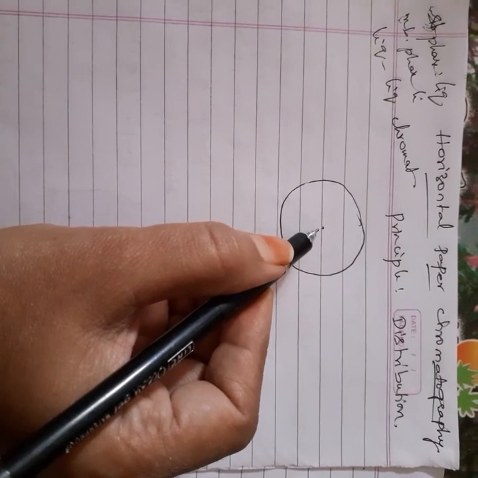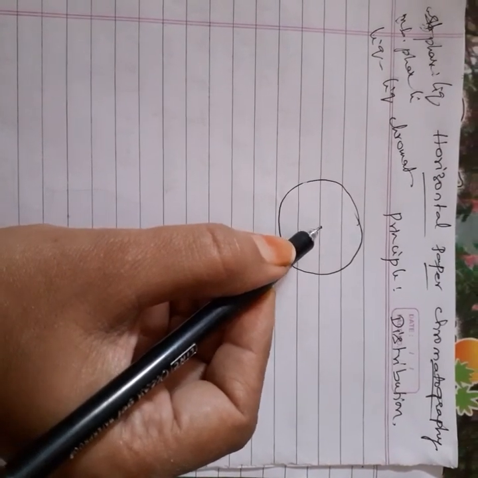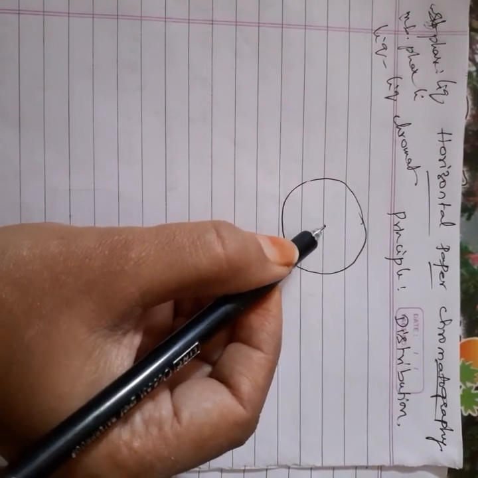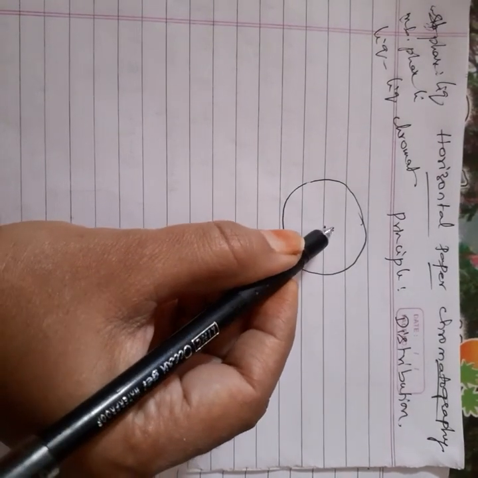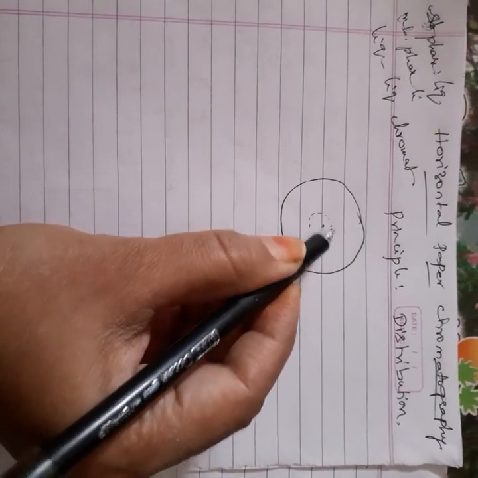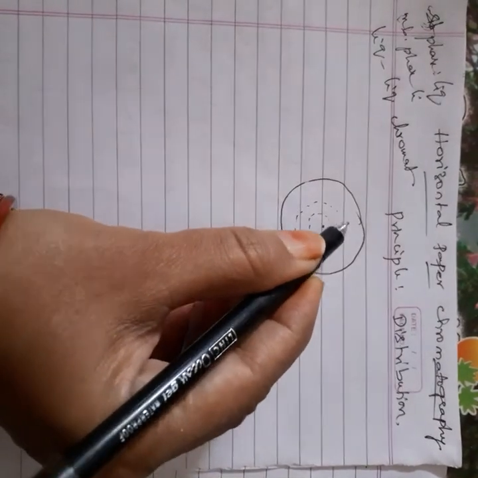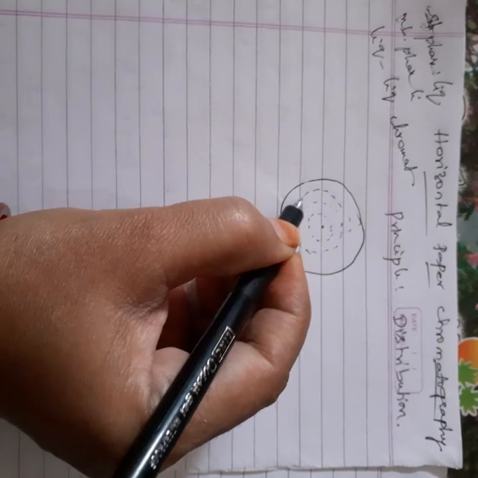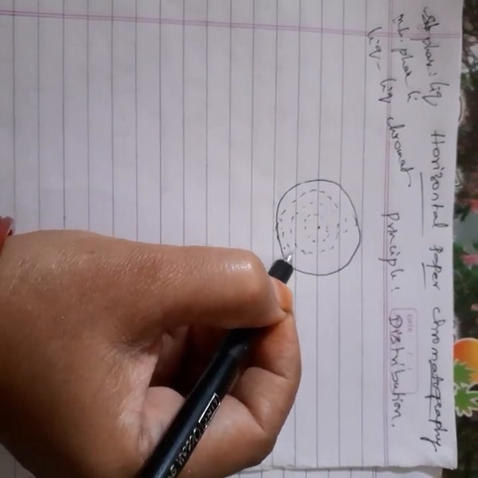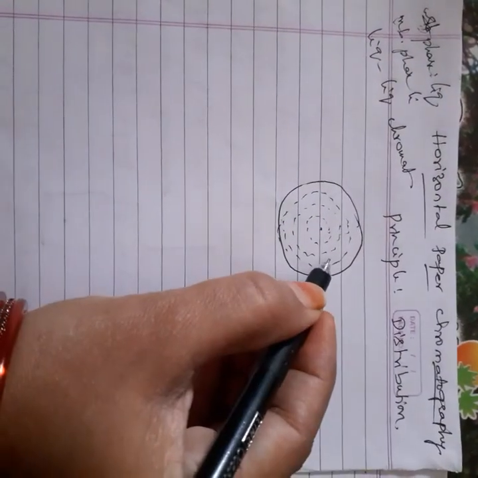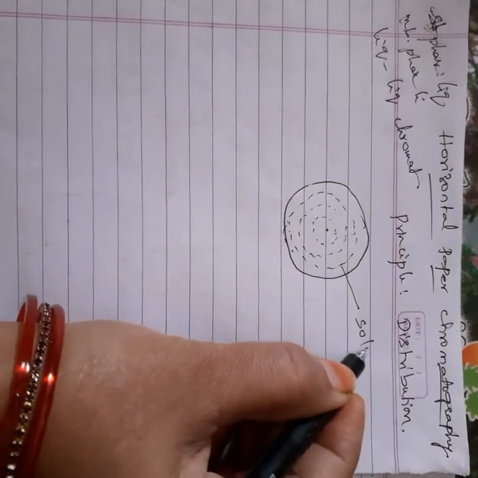If you apply the solvent here from the bottom, then obviously after some time, depending upon the number of compounds present in the sample, it will show like this. It will give circular bands. This higher circular band is called what?